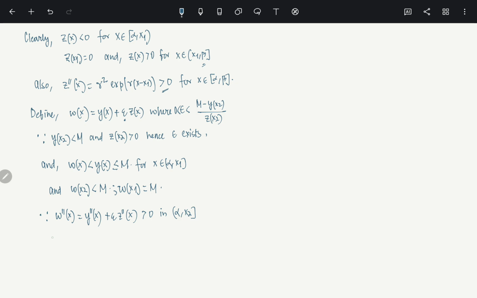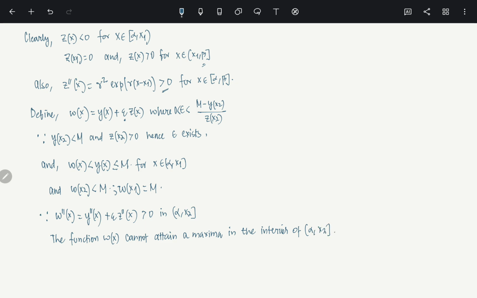So therefore, if you restrict it to alpha x2, w of x cannot attain a maxima in the interior of alpha x2.